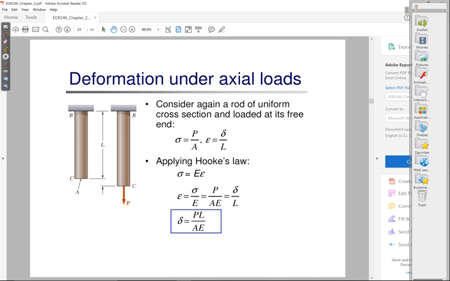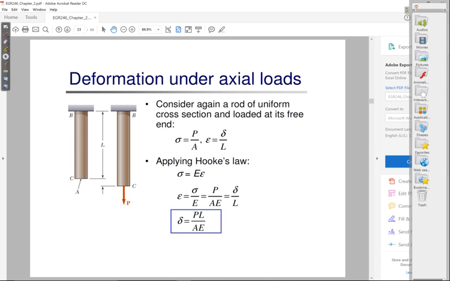Deformation under axial loads. Keep in mind, we're going to go back to tension compression because this is the first type of load that we've been looking at. It's the simplest type of load. It's when you have a long structure and you just pull on it until it stretches, or you compress it until it gets shorter. This is what we call axial loading.